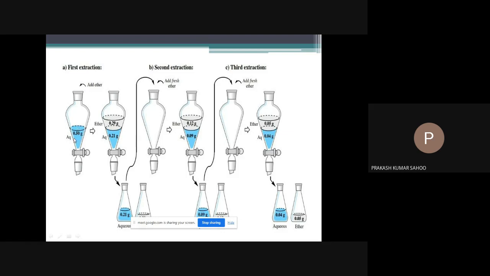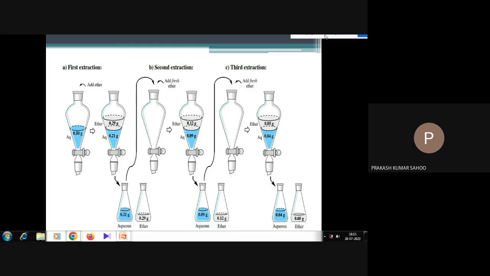Then if I vigorously shake this one, what happens? After some time, the two phases get separated with respect to their densities. The below layer is the aqueous phase and the upper layer is the ether or organic phase. Now when I open the key of this apparatus, this 0.21 grams of aqueous layer water first gets separated.